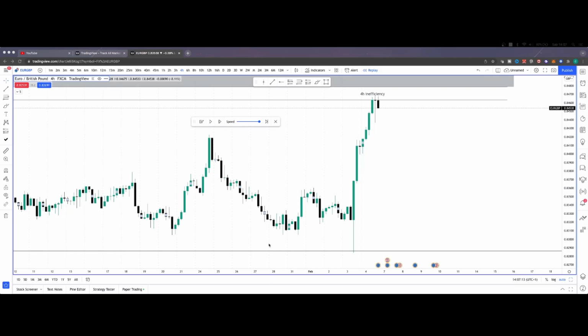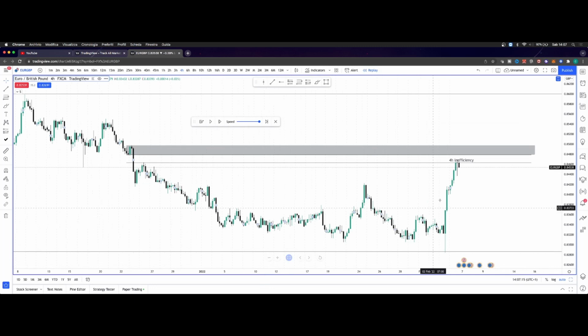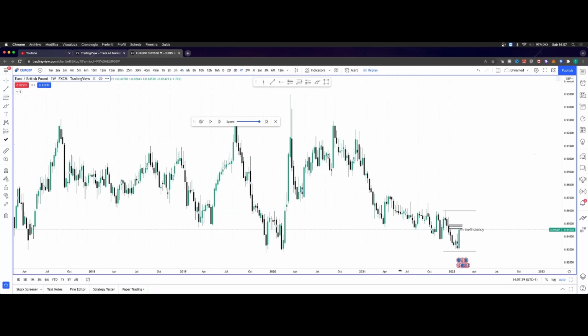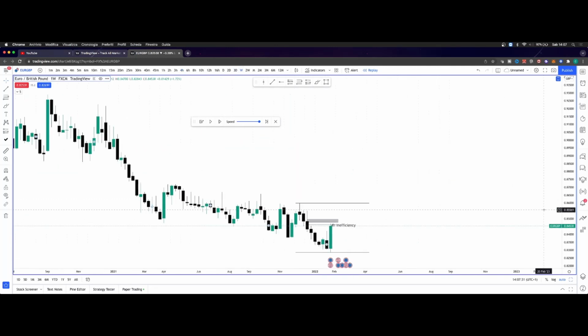As you can see here on 4 hour, we have this breakout structure to the upside, but as many of you already know, I prefer to start my analysis from the weekly time frame. Why?